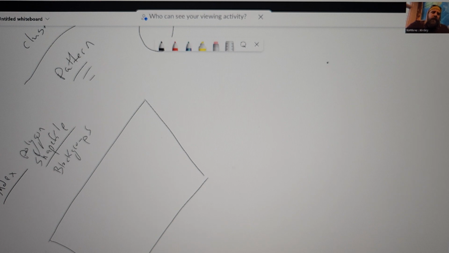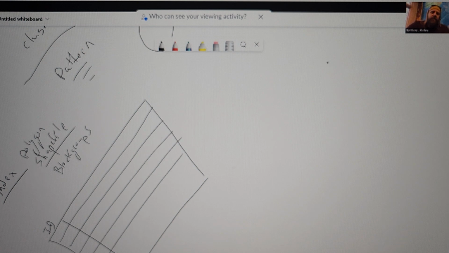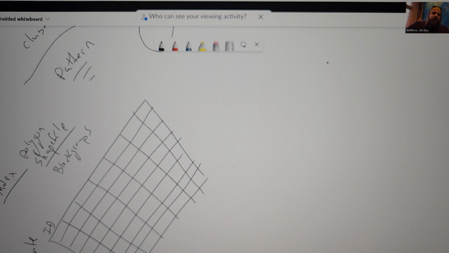All right. The attribute table of our shapefile consists of an ID. There's our GeoID. Every file has that. And then in our attribute table, we have a series of rows. So we have an attribute table that consists of an ID and then a bunch of columns. What are these columns, anyone?